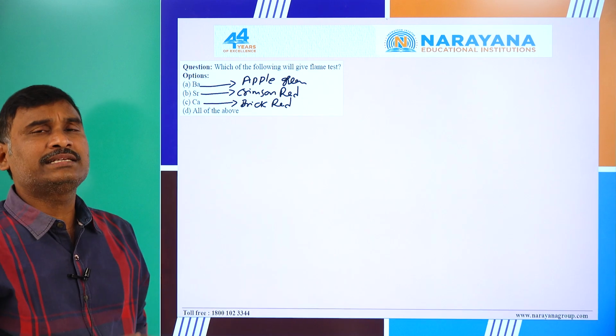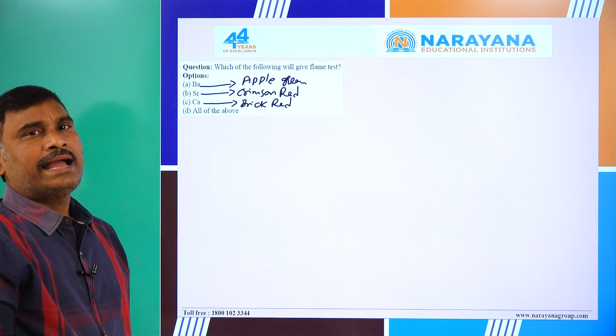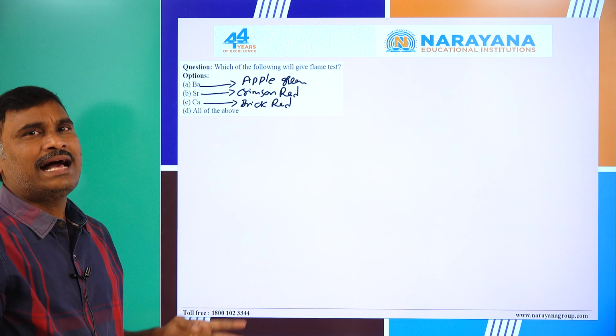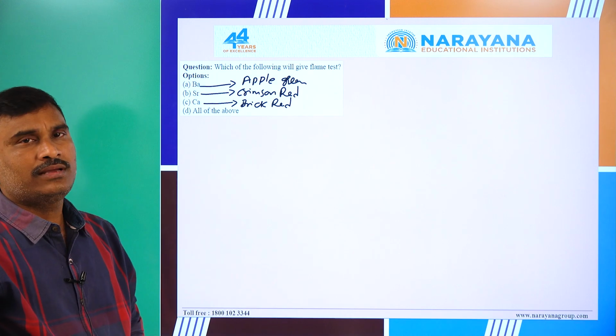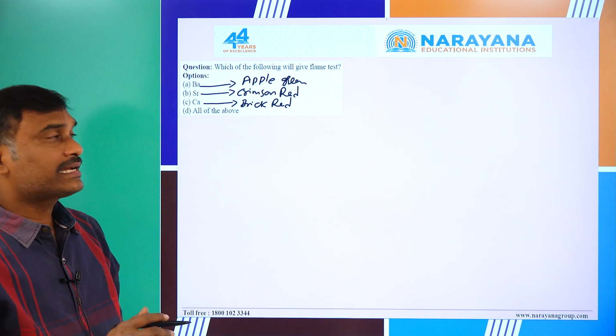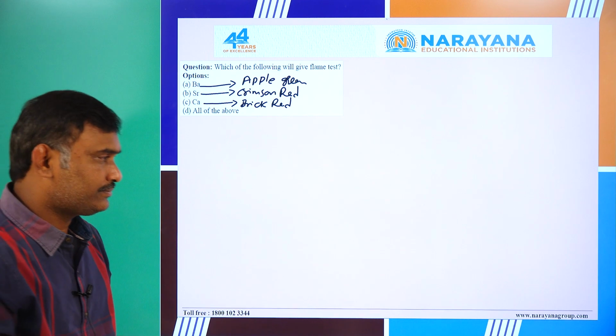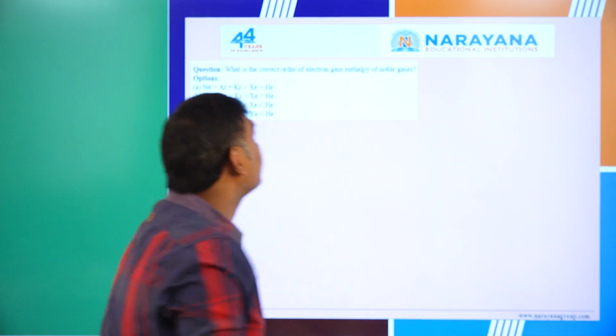So, by using this flame test, we can identify the given element. As a preliminary test, it is useful. This is the flame test for the second A group elements. Go for the next one.